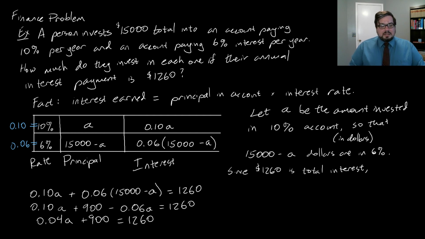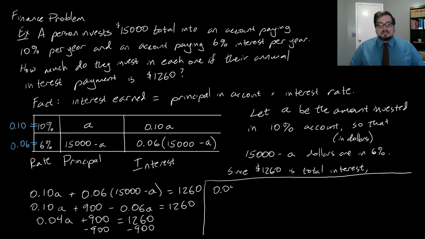So at this point, we can continue solving this equation. Subtract 900 from both sides of the equation. When we subtract 900 from both sides, we get 0.04A is equal to 360.